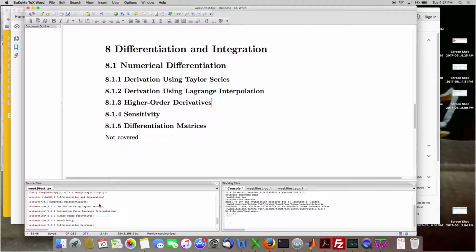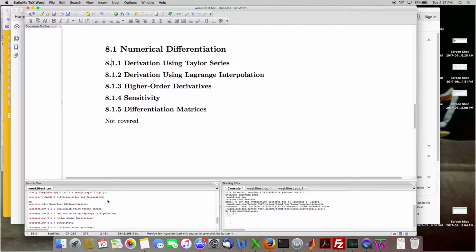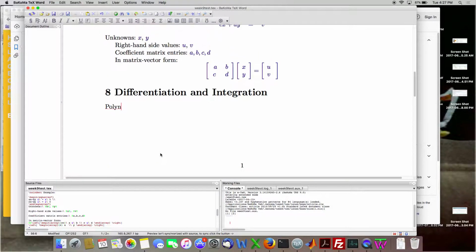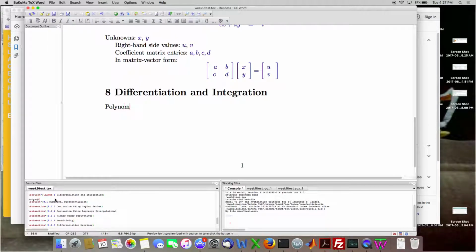Now, everything that I've been showing you with polynomial interpolation, we're actually going to put to use now. Figures I went on to the previous page. And now I got to find my place again. Okay.